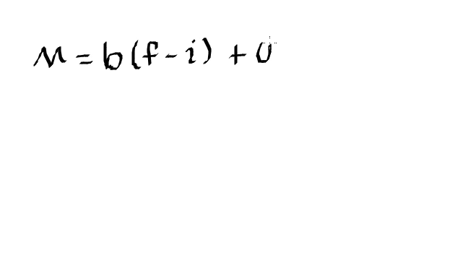Alright, let's do this. M is equal to B times F minus I plus O. That looks like a 0, but it's an O. Don't let it confuse you.